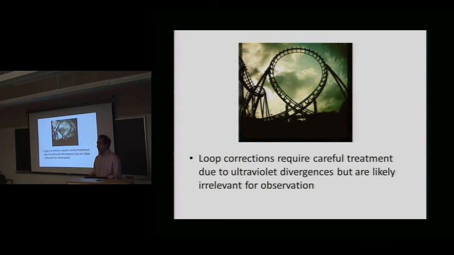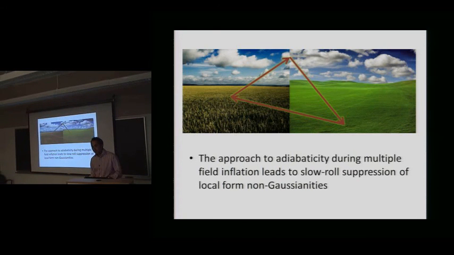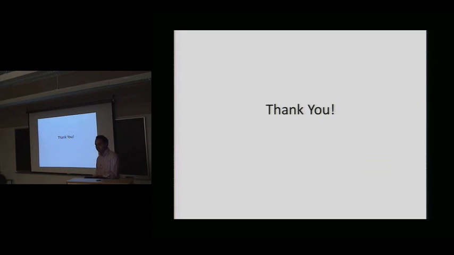I showed you a way to deal with these ultraviolet divergences using Pauli-Villars regularization. And they're probably irrelevant for observation, even in the cases where you have many loops. But it's an important thing to check nonetheless. And lastly, the approach to adiabaticity during multiple field inflation leads to small suppression of local form non-Gaussianities. That's it. Thanks.